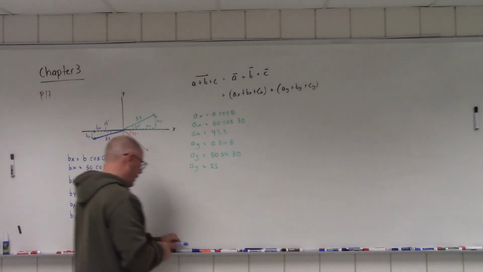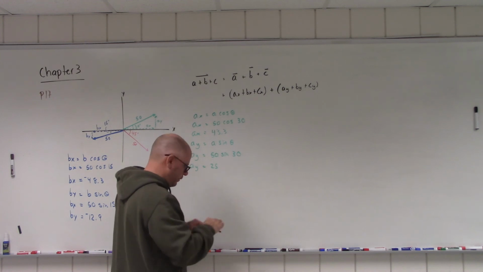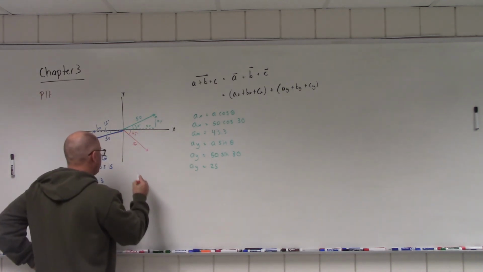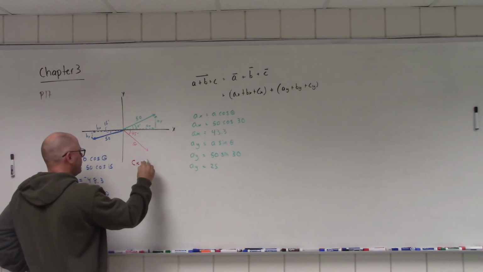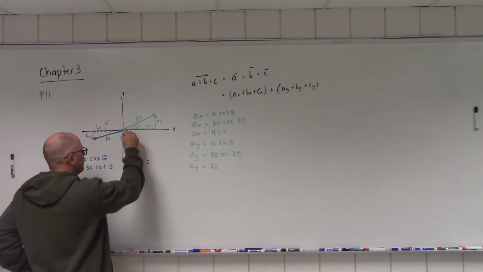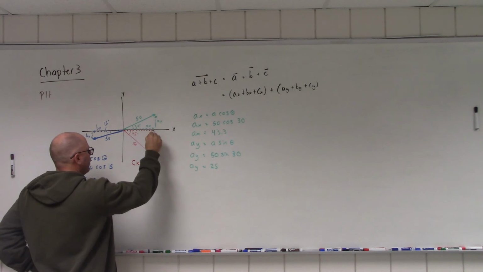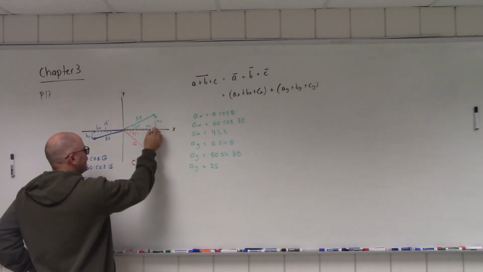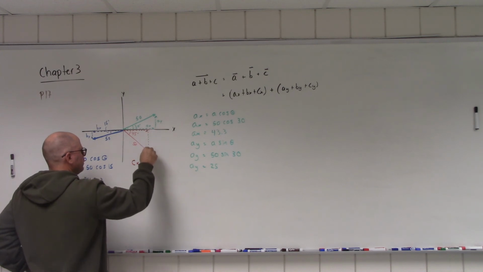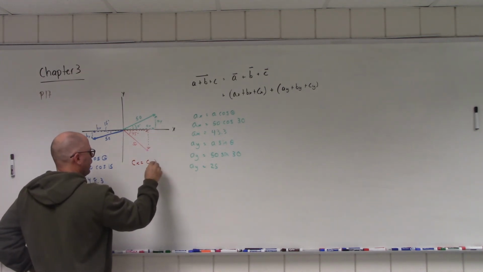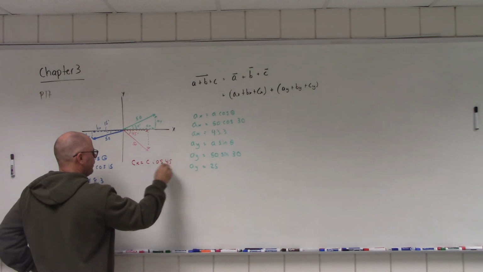And what about my red? So this one's cool. So C in the x direction is equal to C cosine 45.